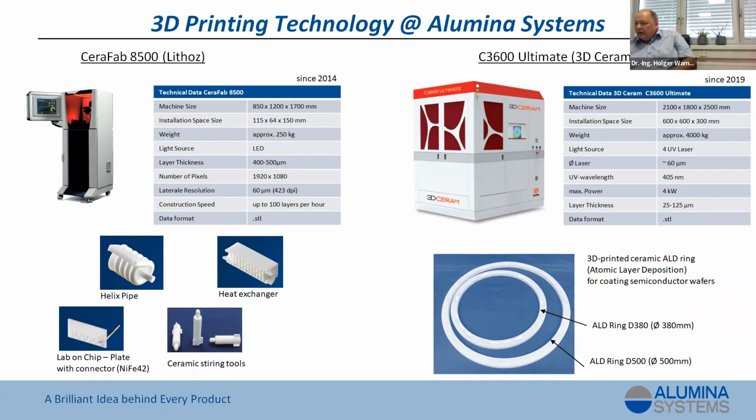One of the newest developments we made is rings for atomic layer deposition with a diameter of 380 millimeters, or the bigger one with 500 millimeters diameter, but they are not printed in one part. They are printed in segments. Every ring is made of 8 segments, which are then glass brazed together to a ring.